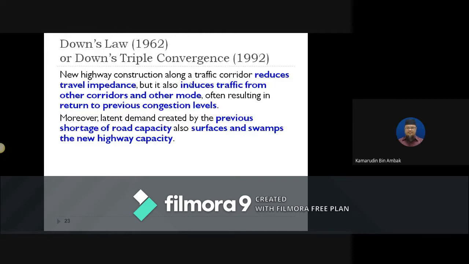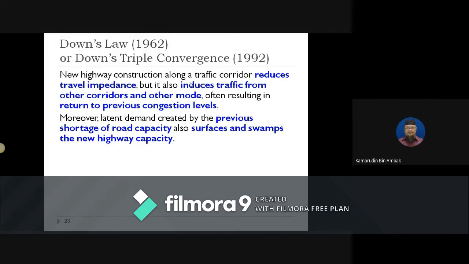According to Downs' law, or downstream convergence, new highway construction along a traffic corridor reduces travel impedance, but it also induces traffic from other corridors and other modes, often resulting in a return to previous congestion levels.